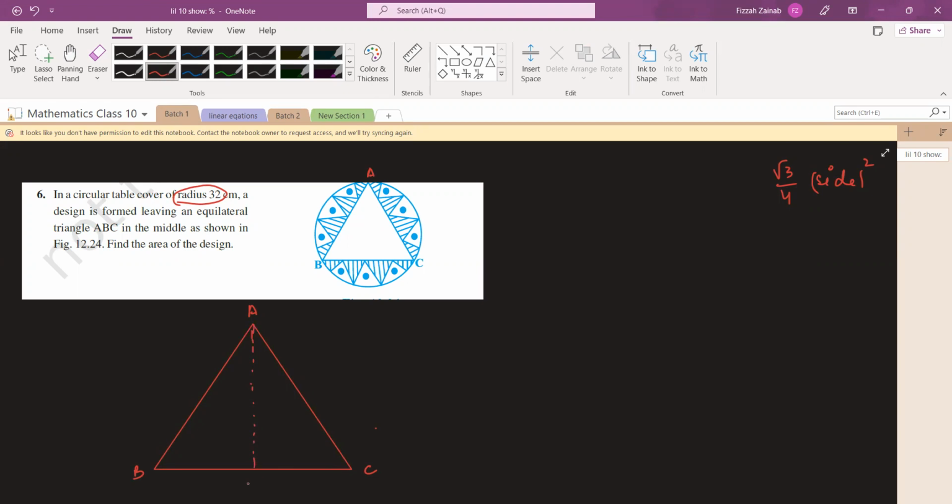Let me call it D. And let's say this is the center of the circle, O. So what we have done is draw median AD, right? And this is the property of the median, that this angle is 90 degree. I mean, it makes an angle of 90 degree. It's the perpendicular height, right?